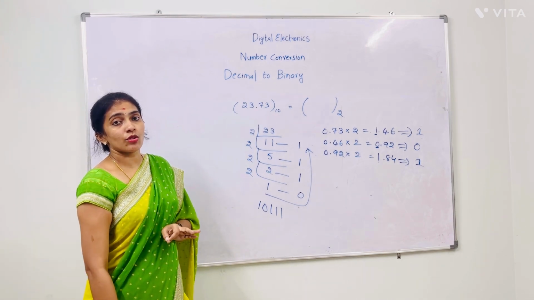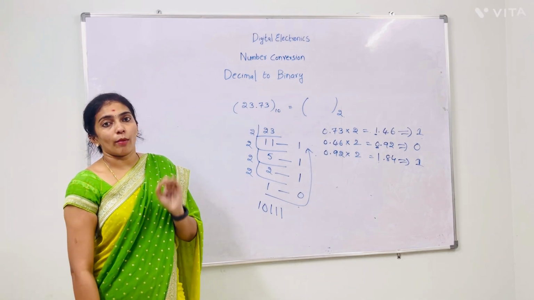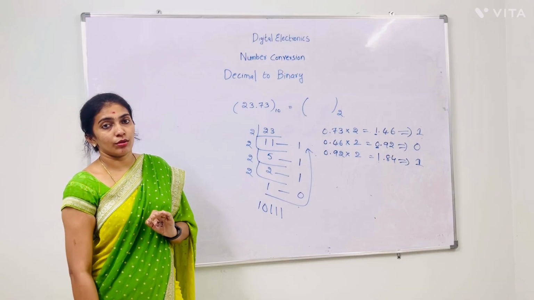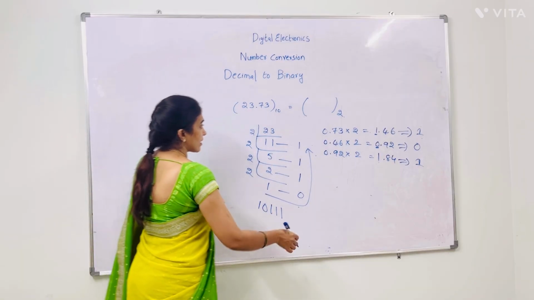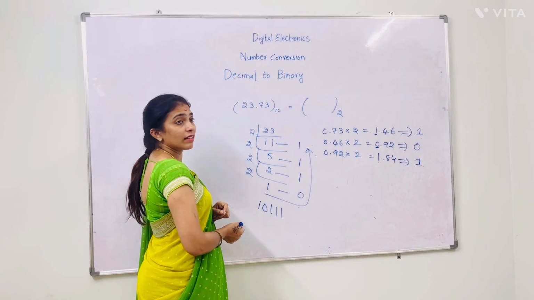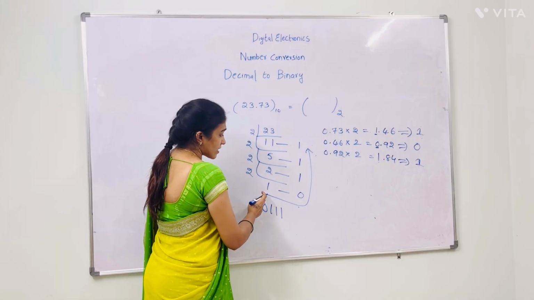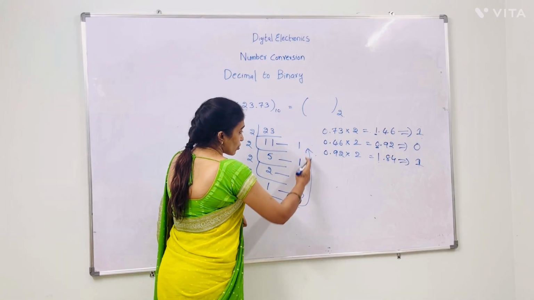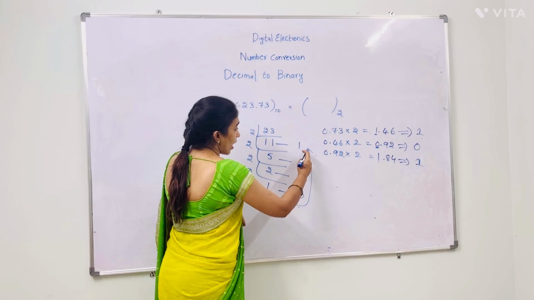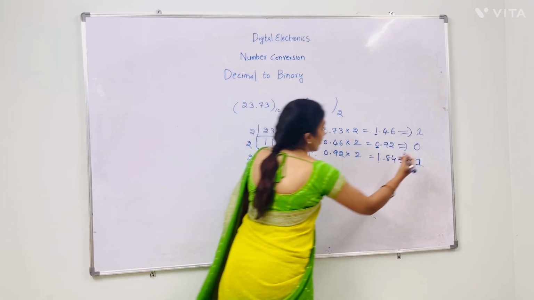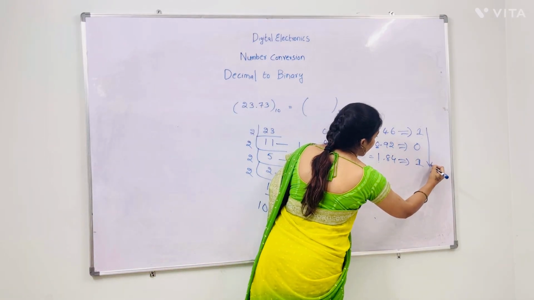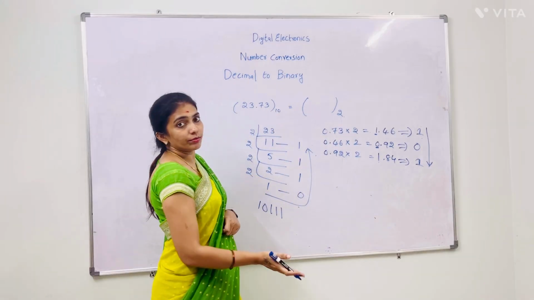At least you have to take 3 operations, 3 bits. How to take the answer? Here we take the answer from up to down.